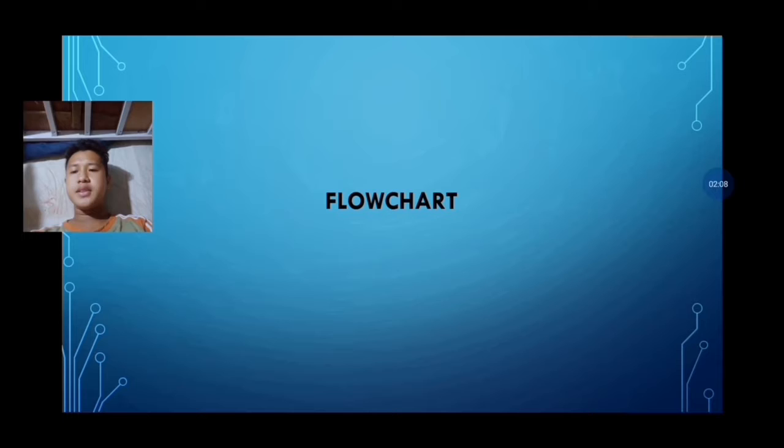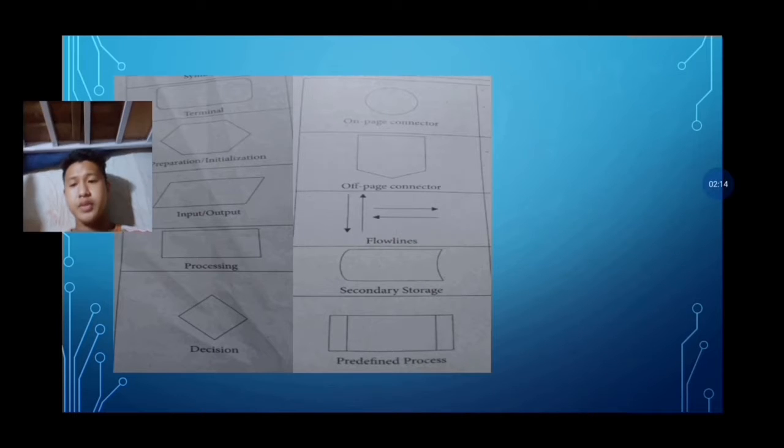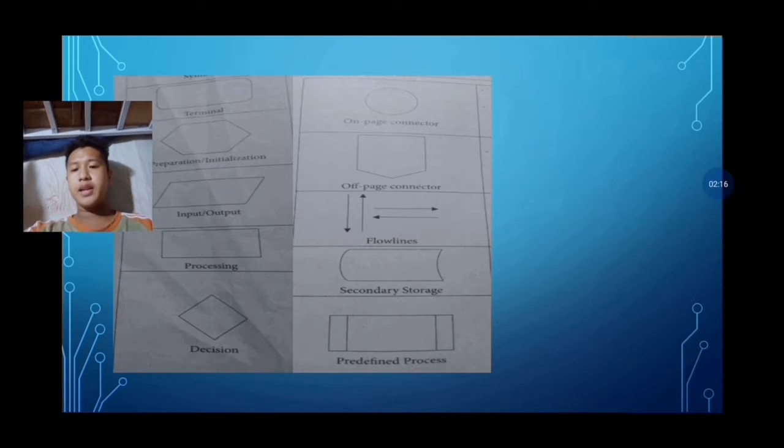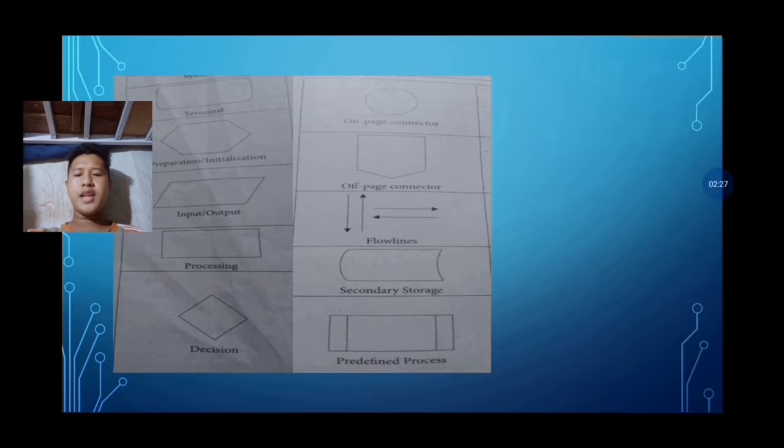This is the sample symbol of flowcharting. Number 1, terminal. It is used to signify the beginning and end of the flowchart. Number 2, preparation. Signifies preparation of data.